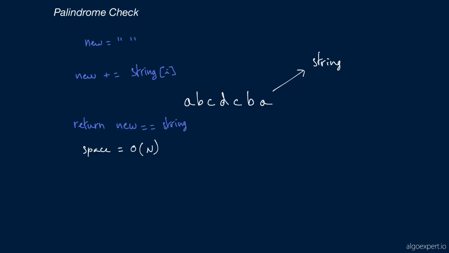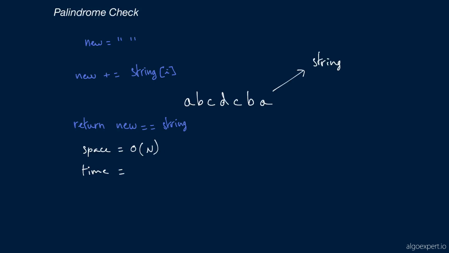But then the time complexity, you might be inclined to say that the time complexity is also O of n, right? We're just iterating once through the input string. But it turns out, if you're an astute algo expert, you'll notice that the time complexity is not quite O of n. It's actually O of n squared, because when we build up this new string and we do this new plus equals string I, we're recreating a new string.